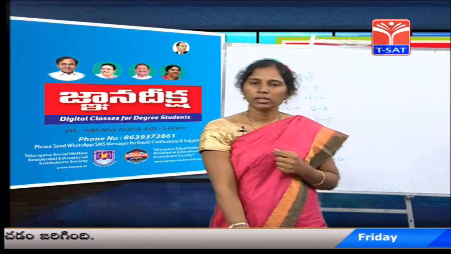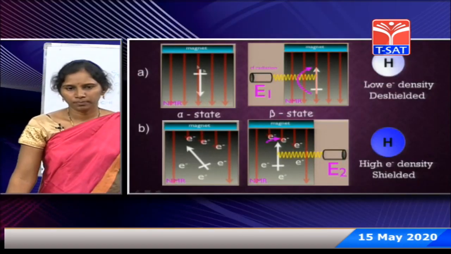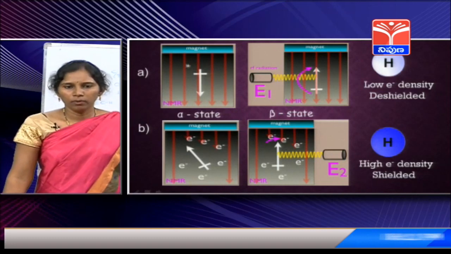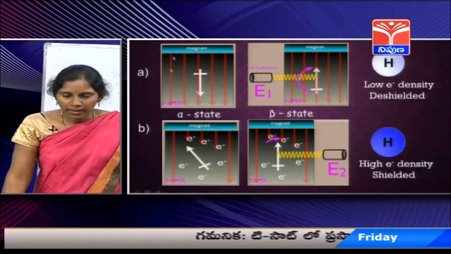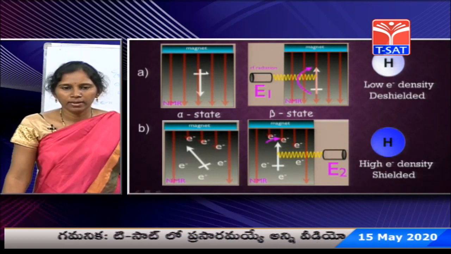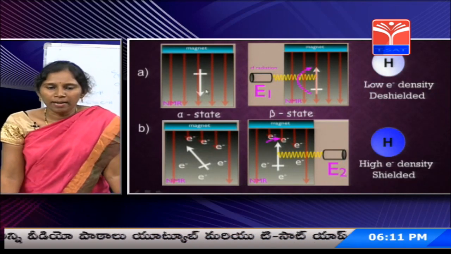Let us see what is shielding and deshielding in detail. Look at the slide, students. Here I have shown the magnetic field, and the red colored arrows are the direction of magnetic field and the white arrow is the spin. See, it is in the same direction, right?